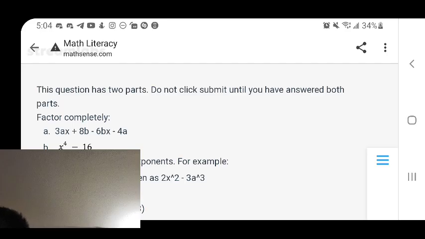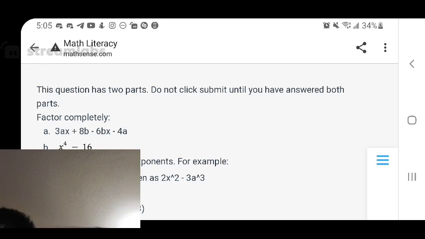I'm confused. Part B is x to the 4 minus 4x squared plus 4x squared minus 16. And you can factor that out again: x squared plus 4, right?